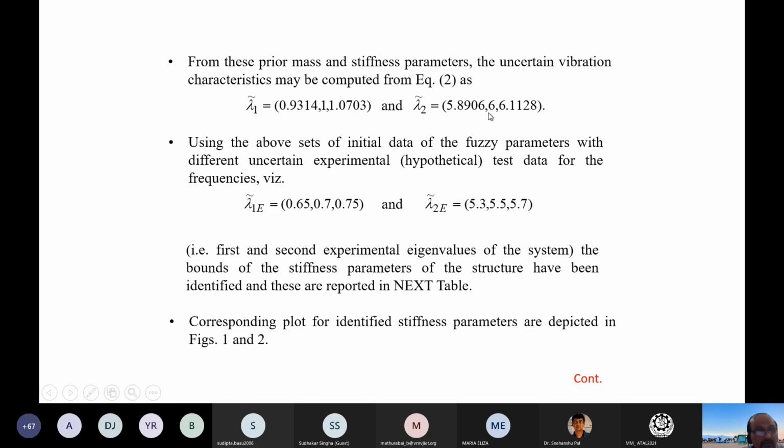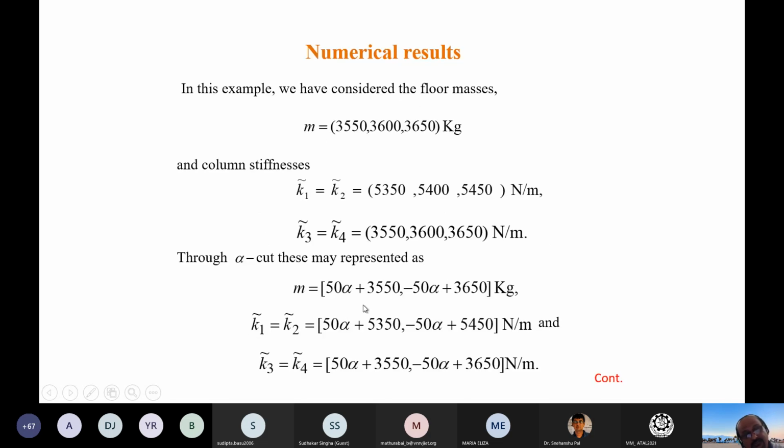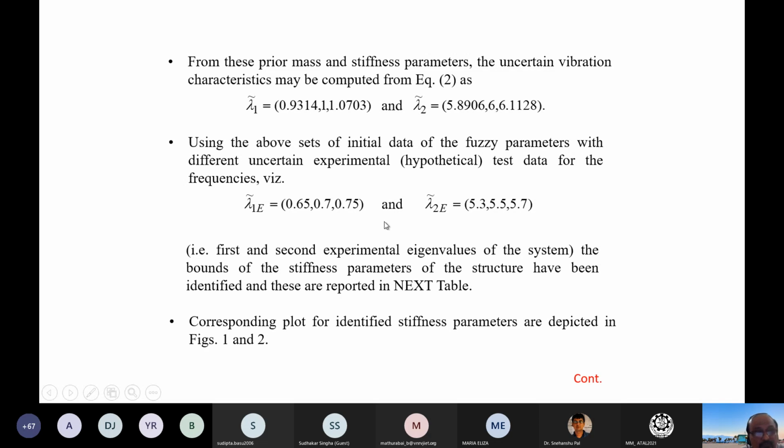Suppose this is found. Now, these data are from 50 years back. Suppose today's eigenvalues from experiment are given like this. Using this and the procedure that I have already discussed, in the next table and figures we have identified these parameters.